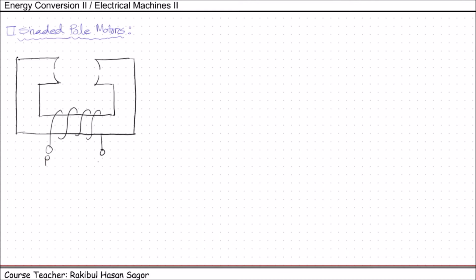This is phase connection and this is the neutral connection. A short-circuited coil is placed here. This is short-circuited coil, and another short-circuited coil is placed here. These poles are called shaded poles. A squirrel cage type rotor is placed in between.